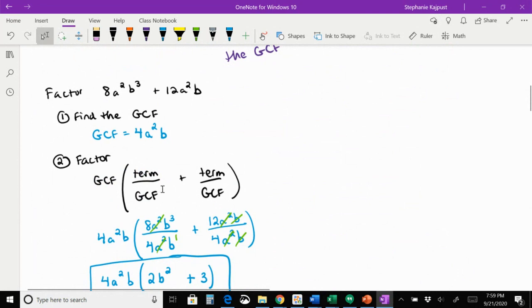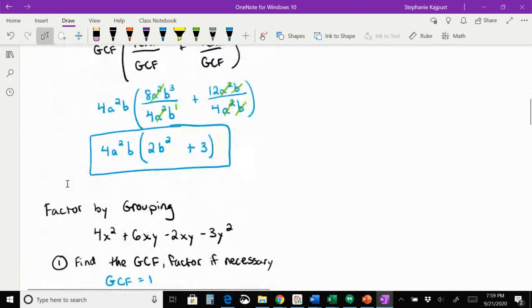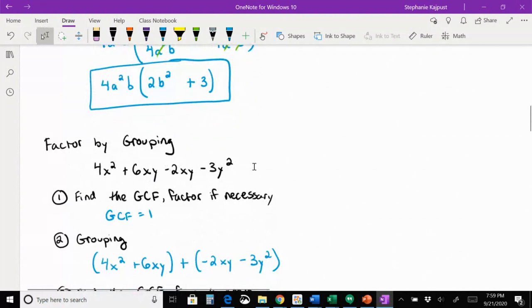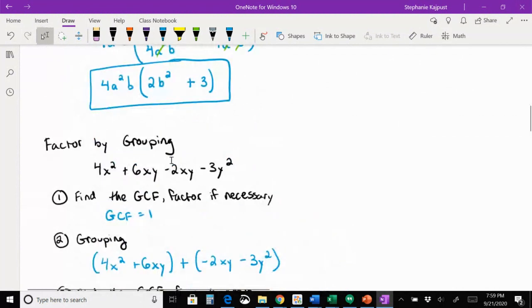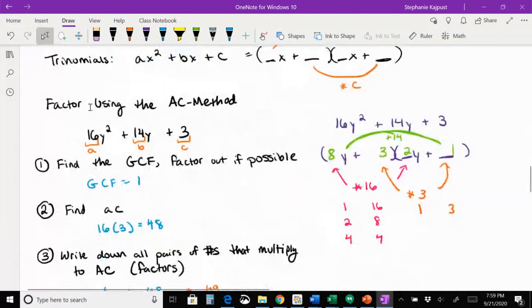And the basic rule is, well, how do I know which method to use? Try it in this order. If there's a GCF and then you have something with a quadratic, try to factor more. If it doesn't work, okay, then you're done. Factor by grouping, only 4 terms. So that one is pretty simple. If it doesn't look like this with 4 things, then don't do this method.